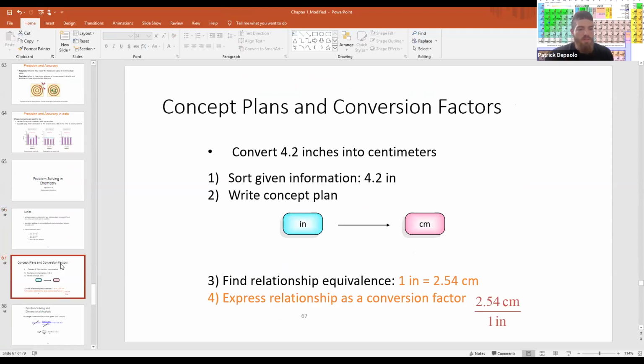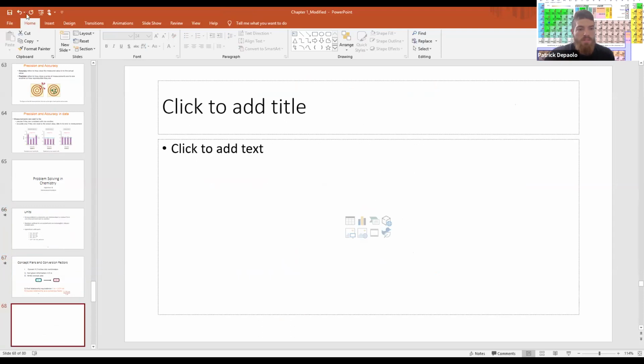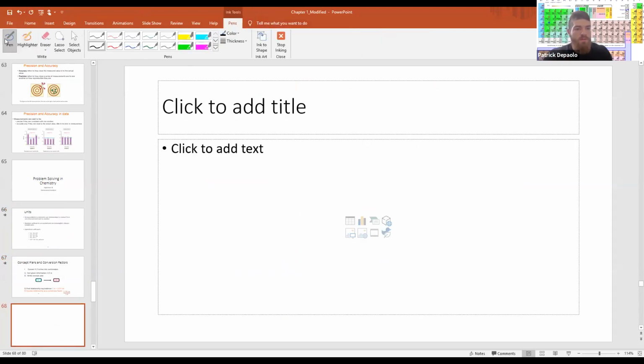We're converting 4.2 inches to centimeters. So let's just write this out. 4.2 inches to centimeters.